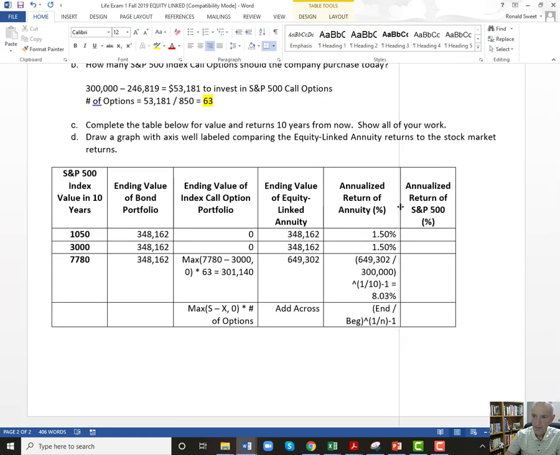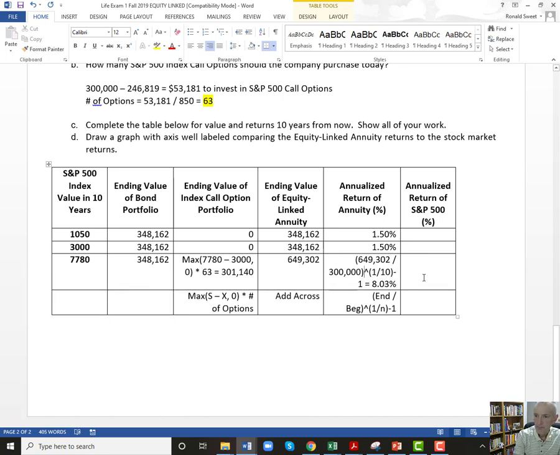Let that sink in, 8.03%. And that's an annual number, so that's a really good return, right? 8% a year.